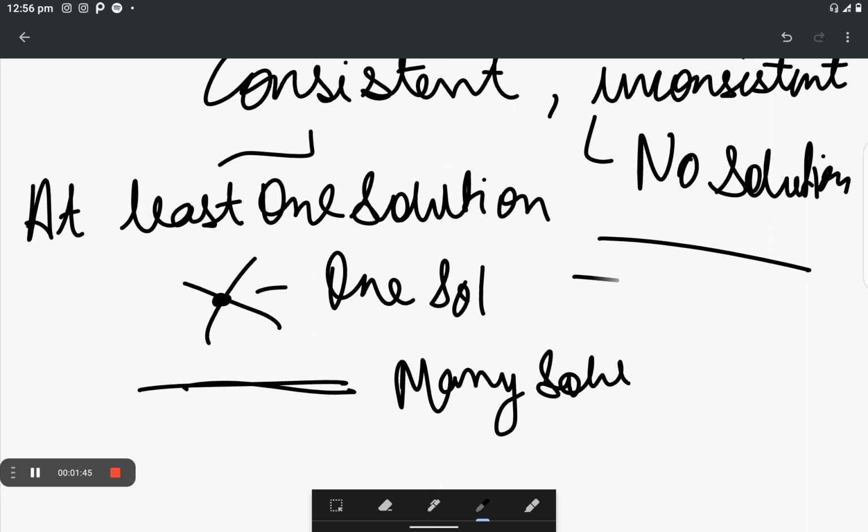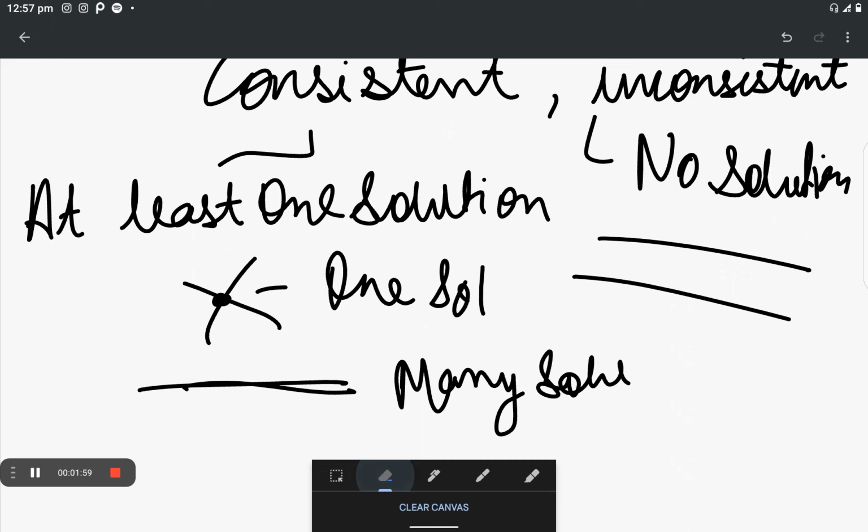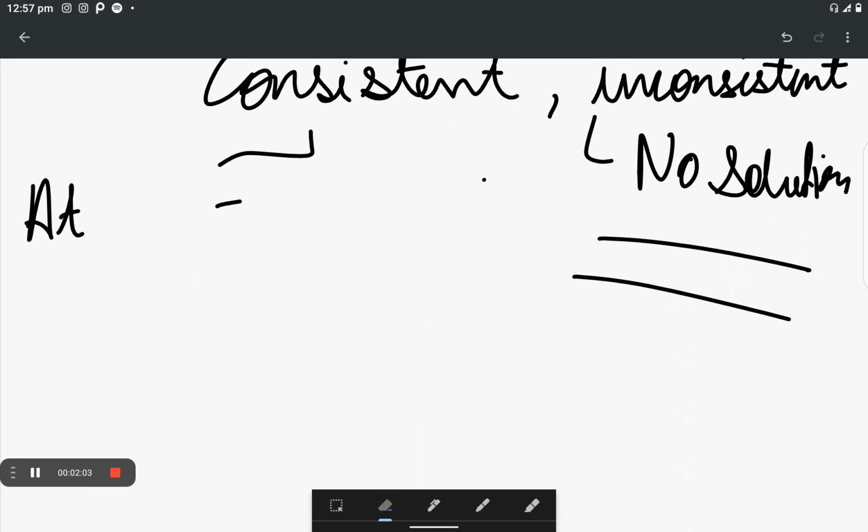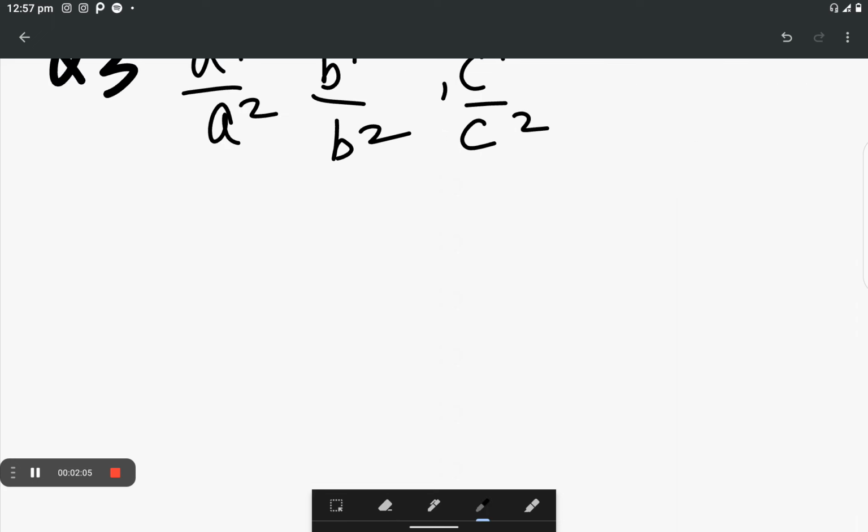But when they are parallel, it gives no solution. So two lines that are parallel would be considered inconsistent, and intersecting and coincident lines would be considered consistent. So we understood the concept. Now let's move on to the first part of this question.